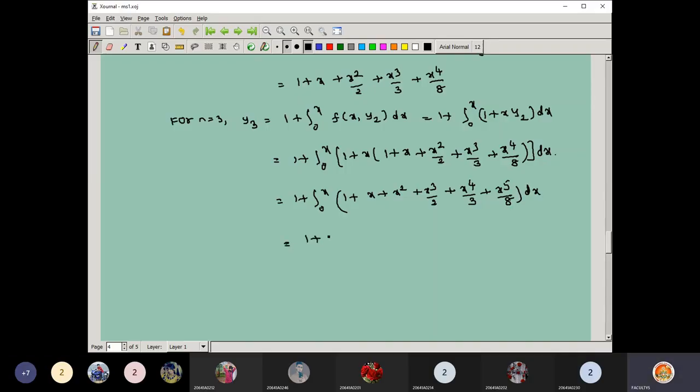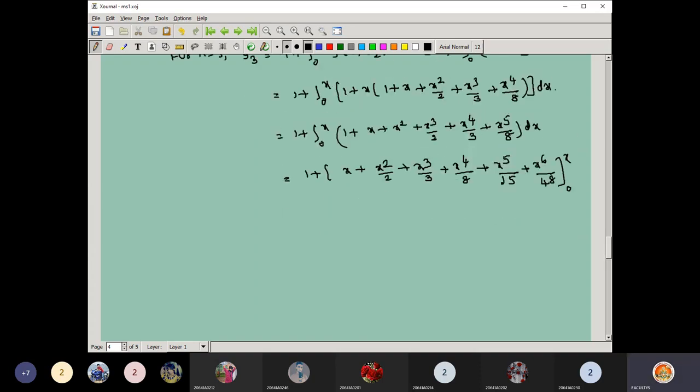So 1 plus x plus x square by 2 plus x cube by 3 plus x to the power of 4 by 2 into 4, 8, plus x to the power of 5 by 5 into 3, 15, plus x to the power of 6 by 6 into 8, 48, limits 0 to x.